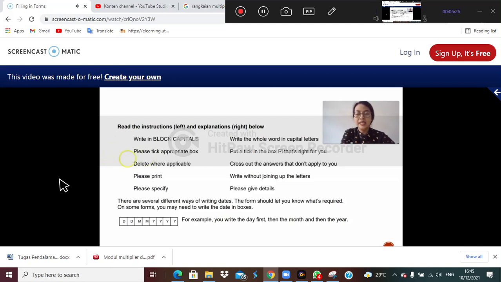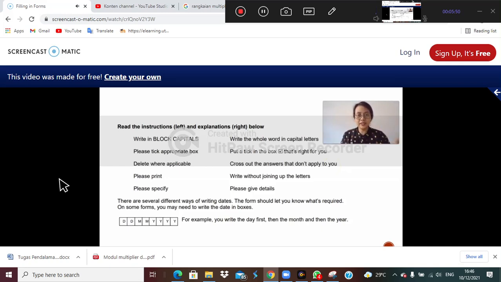Delete where applicable. So what must you do if you read this instruction? You need to cross out the answers that don't apply to you. So the ones that are not your choice are the ones you delete.